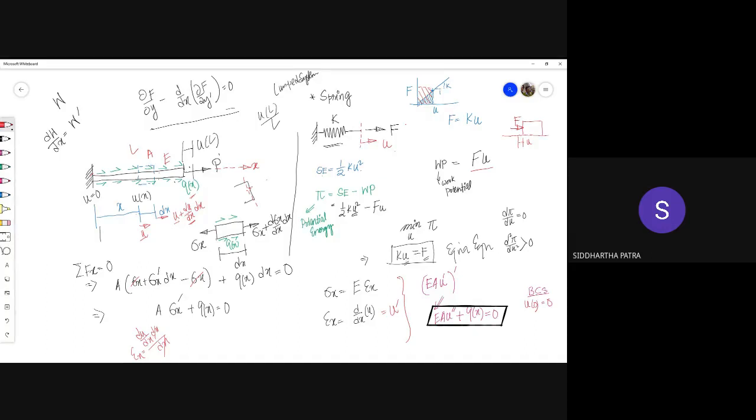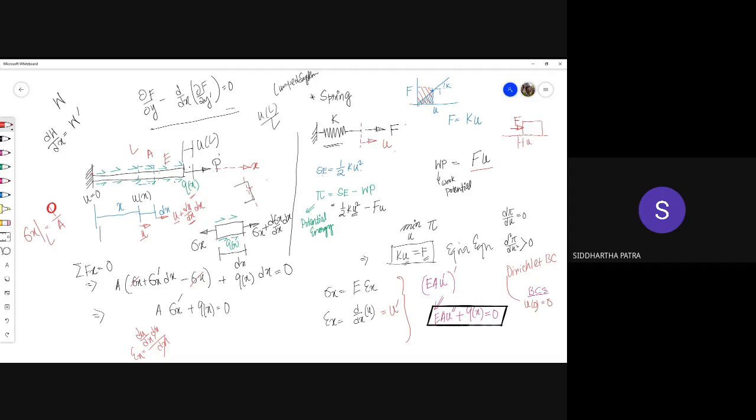It is not known beforehand. So this type of boundary condition is called Dirichlet boundary condition, when the boundary condition is directly on the degree of freedom. And on the right hand side you have this boundary condition: sigma x at L is P by A.